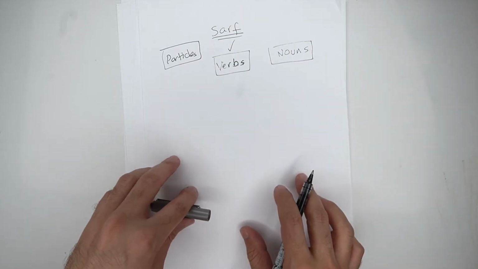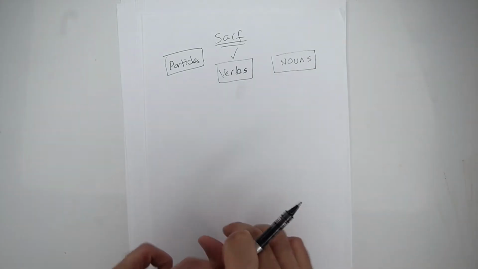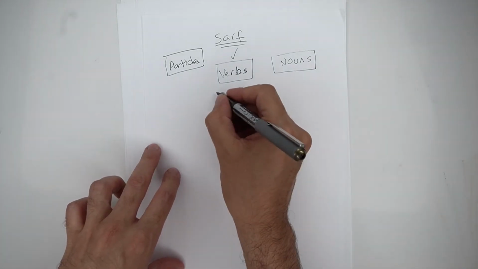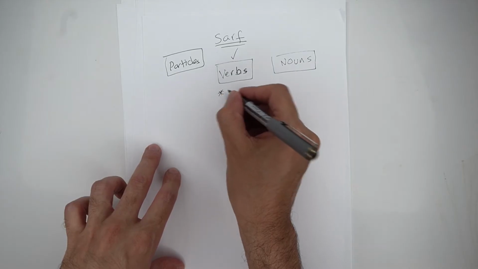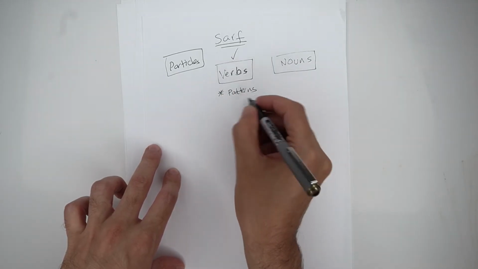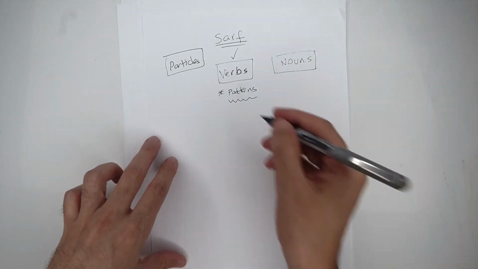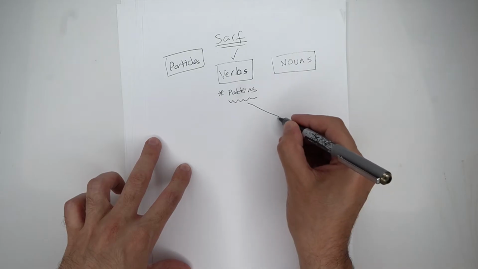the science of Sarf. Now, when we study Sarf, some of the most important things we have to understand is verbs follow patterns. There are specific patterns that verbs follow. Verbs are of three types.